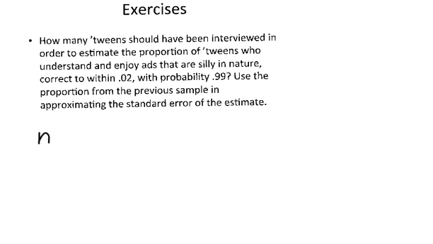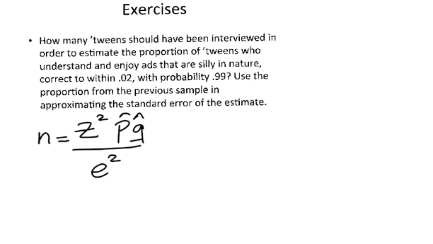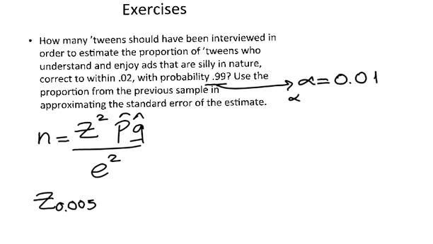we need the value of Z squared, we need some proportion here, some estimate, Q, and the error squared. So we should look at the Z value, Z of 0.005, because you take a look at this one, and this implies that alpha is 0.01, and then alpha over 2 is 0.005.